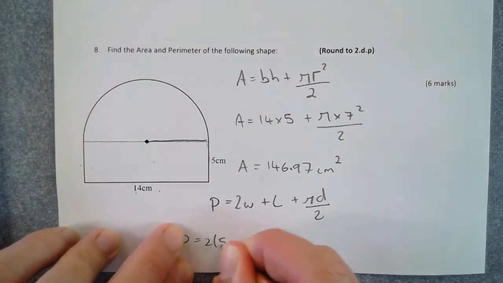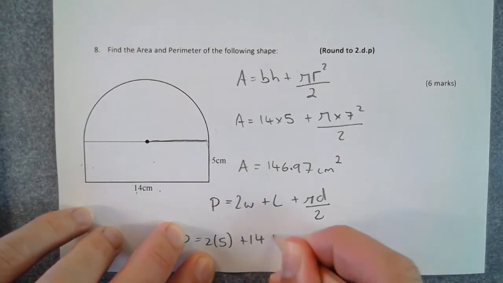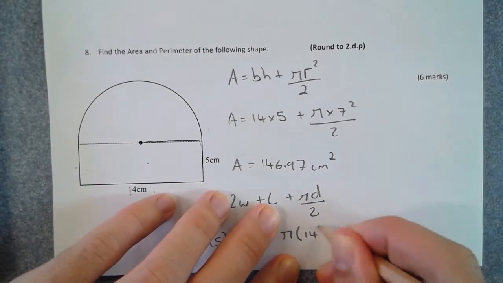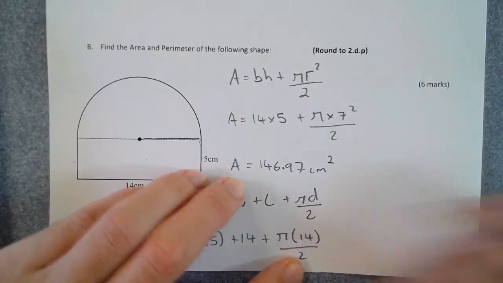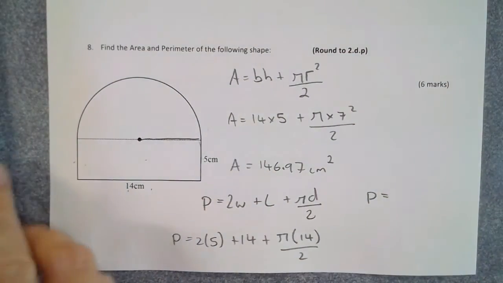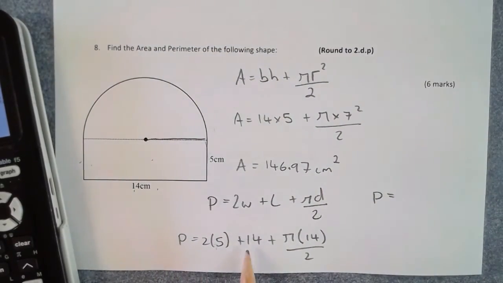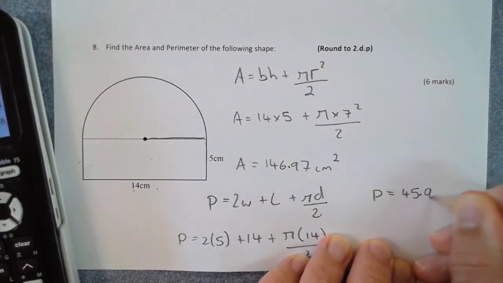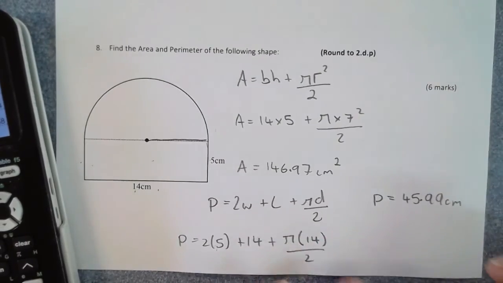That's 2 times 5, the width, plus 14, plus pi times the diameter, which is 14, divided by 2. Type into the calculator, well that's 10 plus 14, and 14 divided by 2 is 7, so 7 times pi, and answer to 2 decimal places again, so the perimeter must be 45.99 centimetres, and these are the sort of questions that are going to be very common this week and for this term.